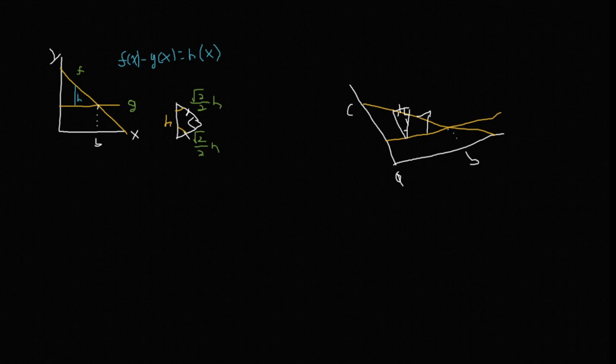We really want to try and find the area of this. So I'm going to use the Pythagorean theorem here, saying that this side squared plus this side squared is equal to this side squared.